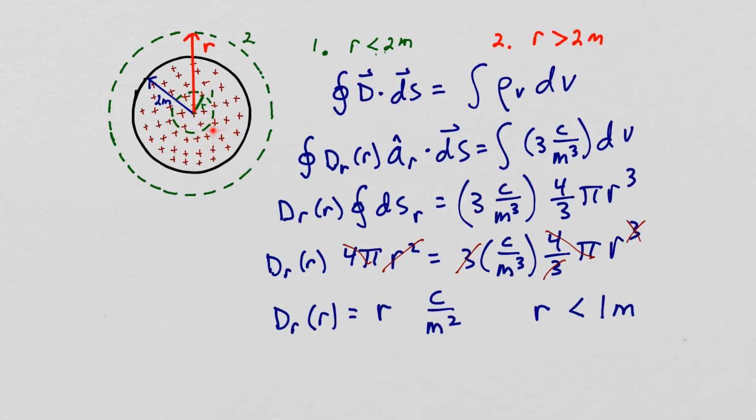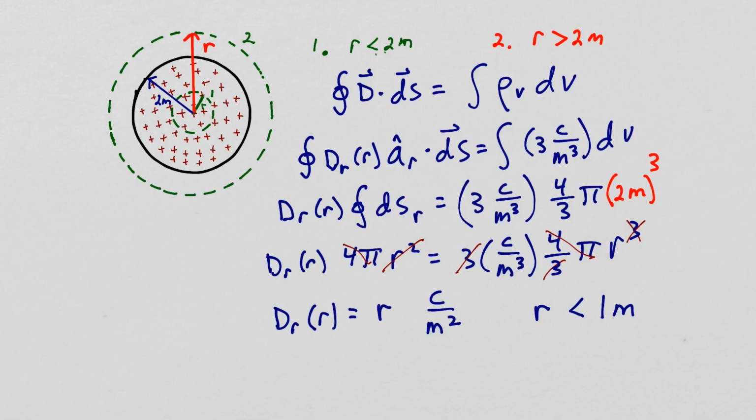So this r here will not be a variable. It will become the radius of our charge distribution, 2 meters. So since r has become 2 meters, you won't get the cancellation of an r squared from each side. So let's change this to 2 meters cubed and retain the r squared on the left-hand side.